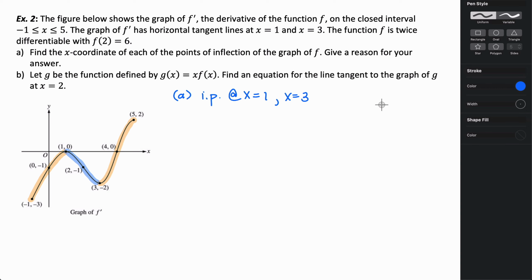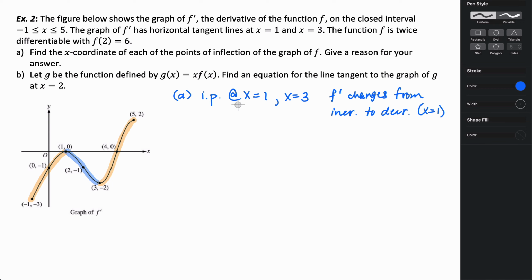And you would want to give justification, right? So give a reason. The justification is that f prime changes from increasing to decreasing, and this is at x equals 1.